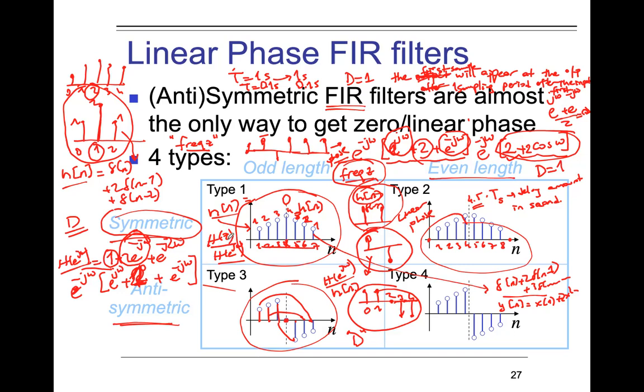Usually, arkadaşlar, for IIR filters, you will not be able to see h of n like that. If you see h of n like this, it is an FIR filter.